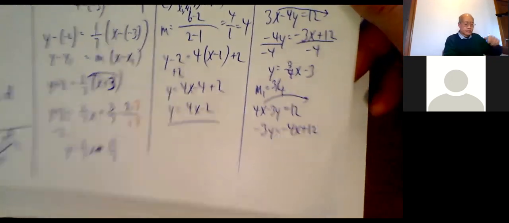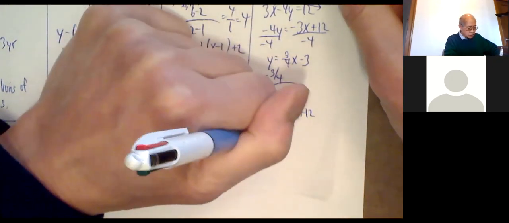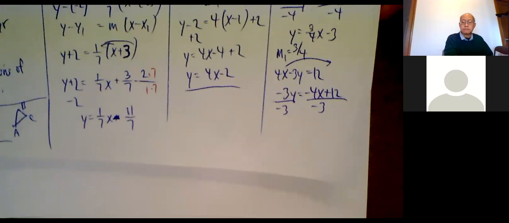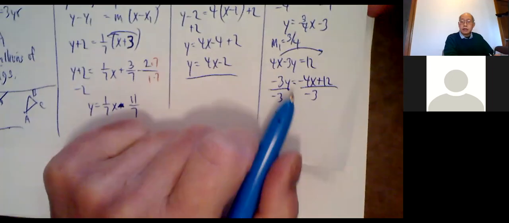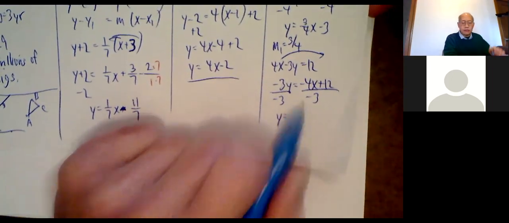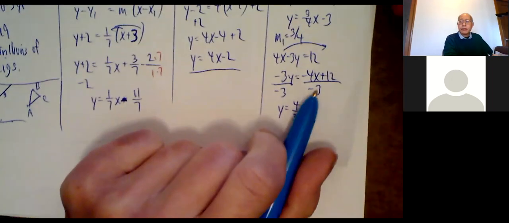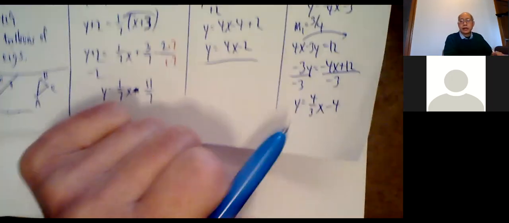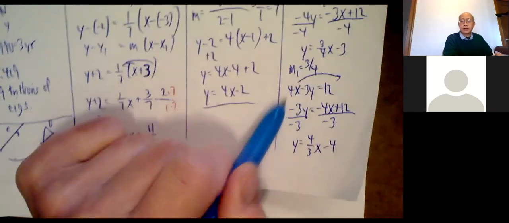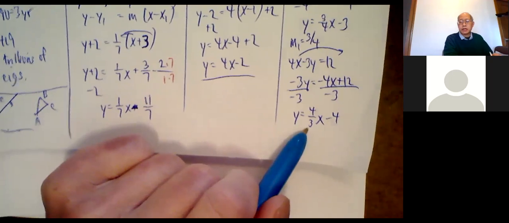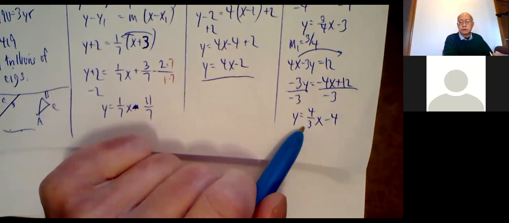Divide by negative 3. So that cancels out. y equals negative 4 divided by negative 3, which is a positive 4/3 x. 12 divided by negative 3 is minus 4. So I force this to look like y equals mx plus b, and this too. Now what's the slope of this line? 4/3.